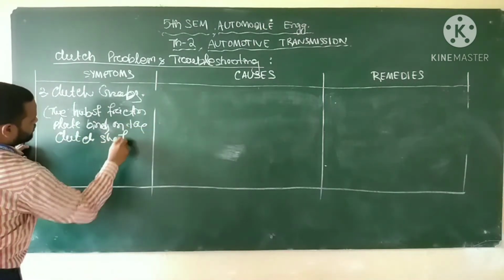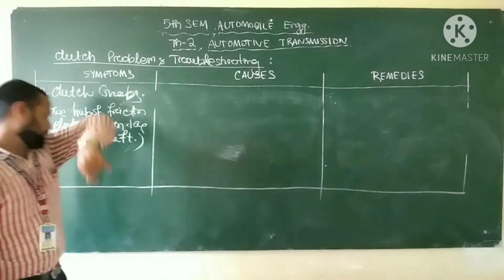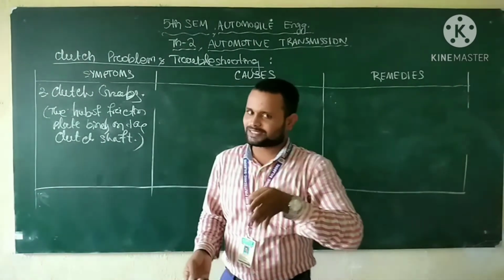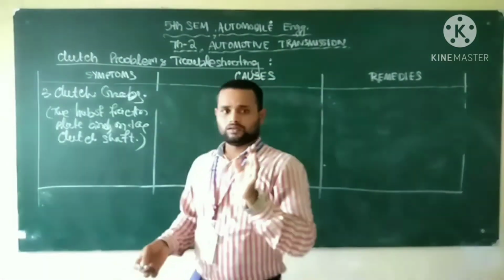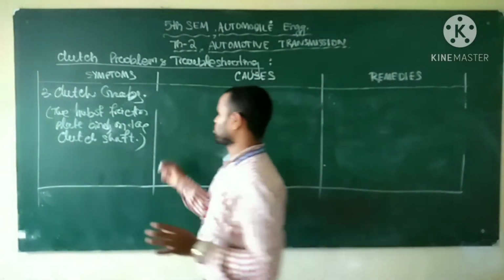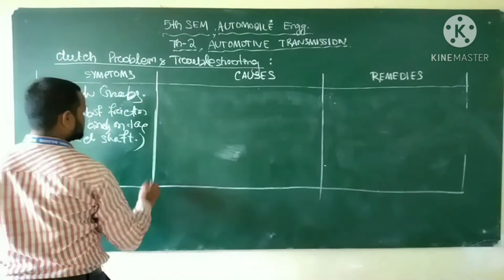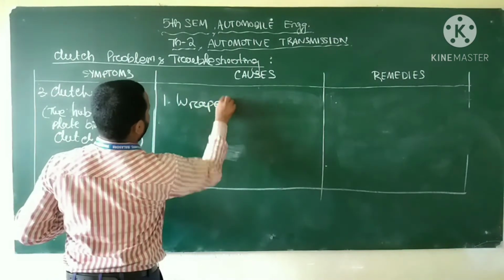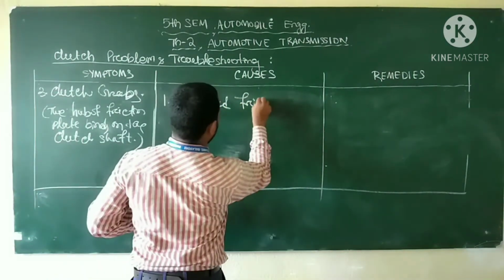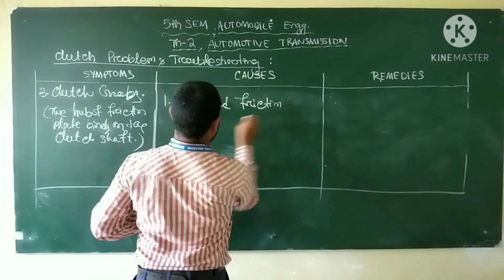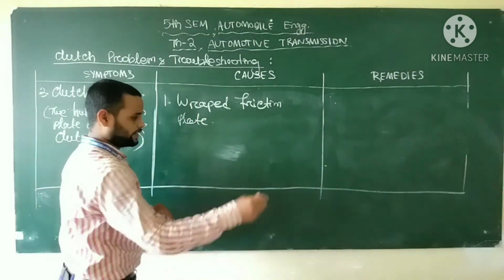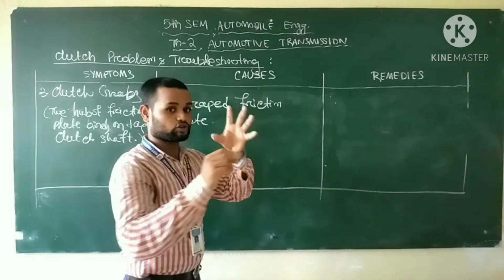If the hub of the friction plate binds on the clutch shaft, then the clutch grabs. So what are the causes here? A warped friction plate. Due to warping of the friction plate, the clutch grabs.